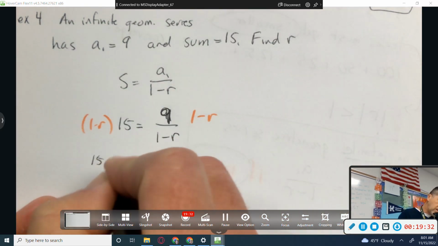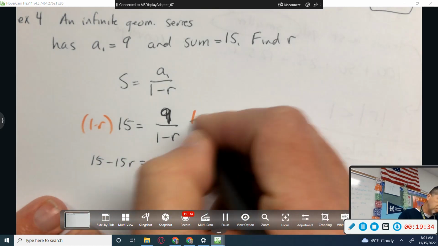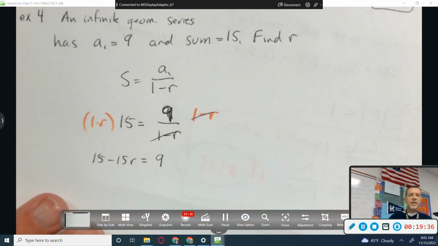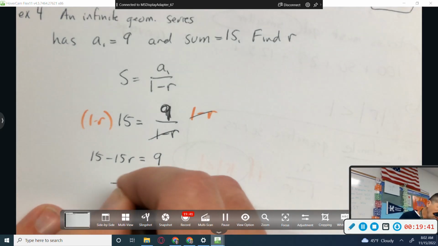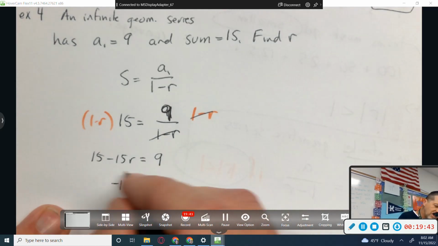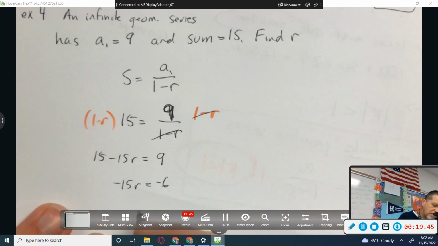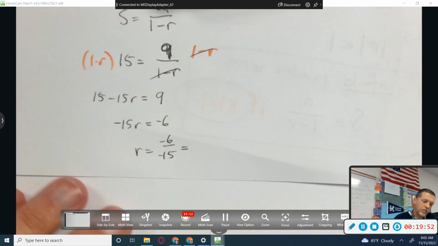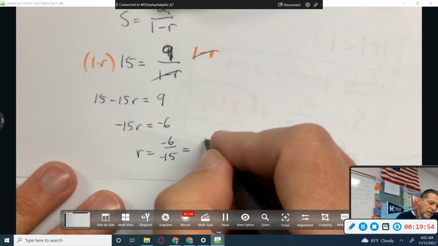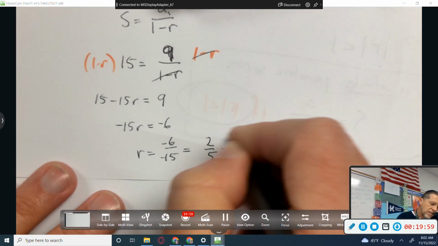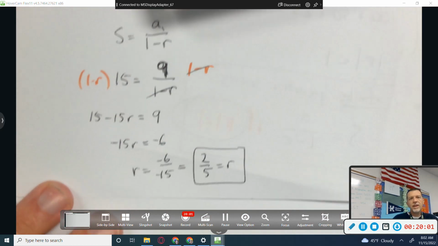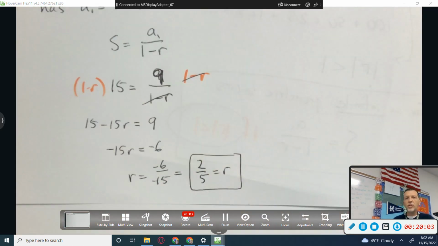So I got 15 minus 15r equals 9. So negative 15r equals negative 6. And negative 6 over negative 15 reduces by 3 to 2/5. That one really was just an algebra problem more than anything.